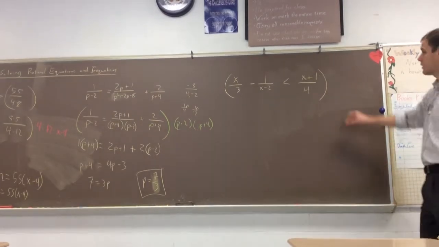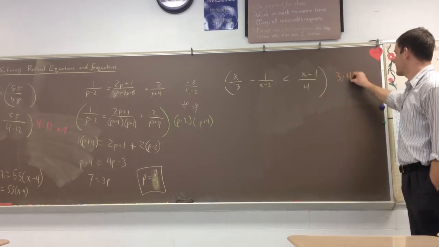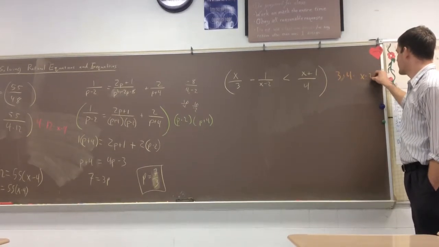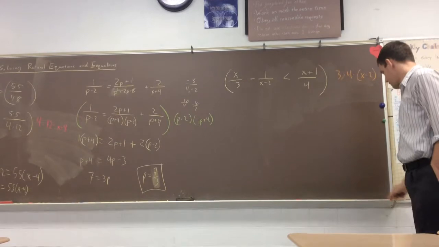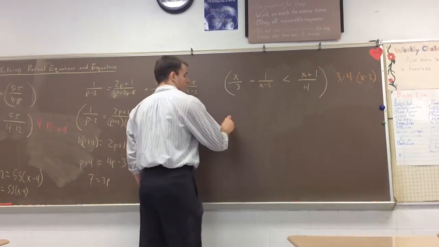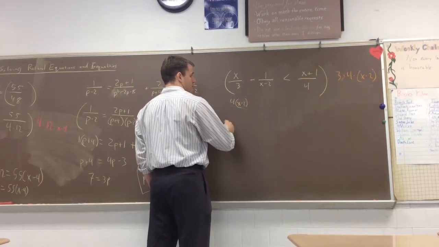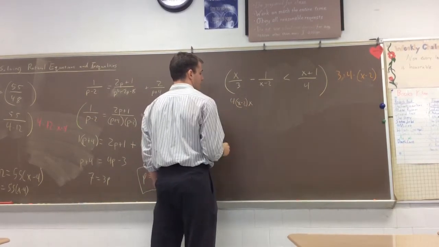Mr. Webb? 3, 4, x minus 2. Multiply it by 3 and 4 and x minus 2. Great. So the first one's going to become 4 times x minus 2 times x, right?